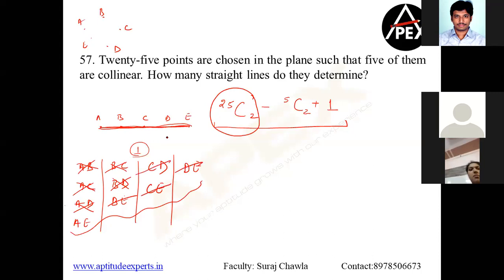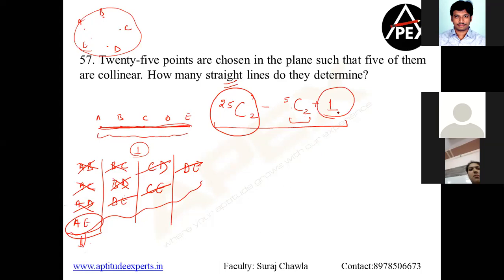Are you getting it? So what am I doing? I'm first assuming they are different. So this is 25C2. From here, I'm taking out all the possibilities made with the help of 5 points, that is 5C2. But when I'm taking out 5C2, please understand, I'm also taking out AE from the scenario. Clear? So therefore, I have to re-add that one line in the end.